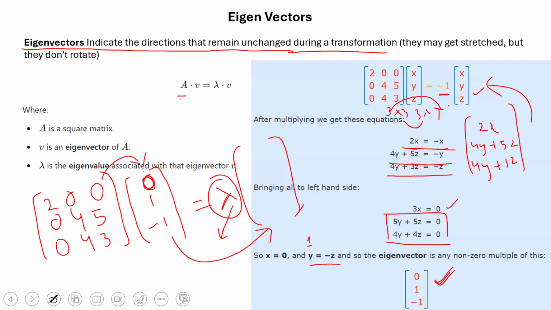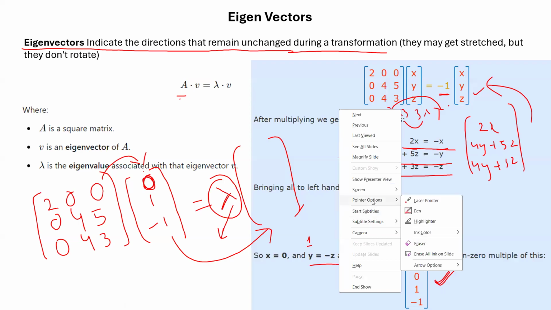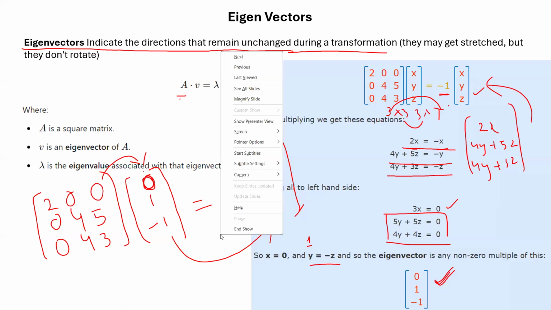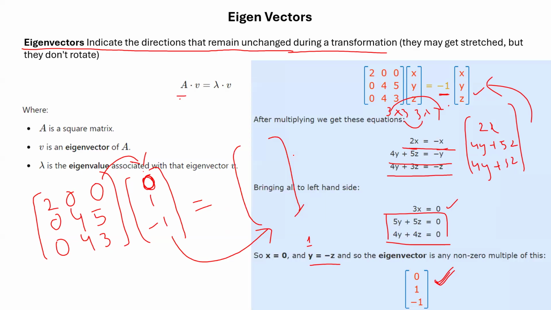So if I multiply this, let's see what the resultant matrix is. 2 into 0 is 0, 0 into 1 is 0, 0 into minus 1 is 0. Then 0 into 0 is 0, 4 into 1 is 4, plus 5 into minus 1 is minus 5, so that becomes minus 1.